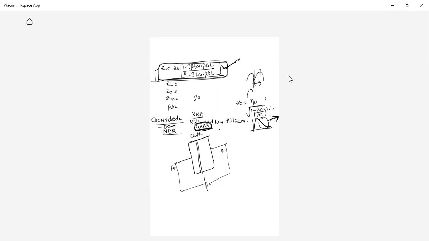Okay, so J.B. Gunn, initially in 1963, observed the following. He took a slab of semiconductor material, a gallium arsenide semiconductor material, and applied a high voltage.